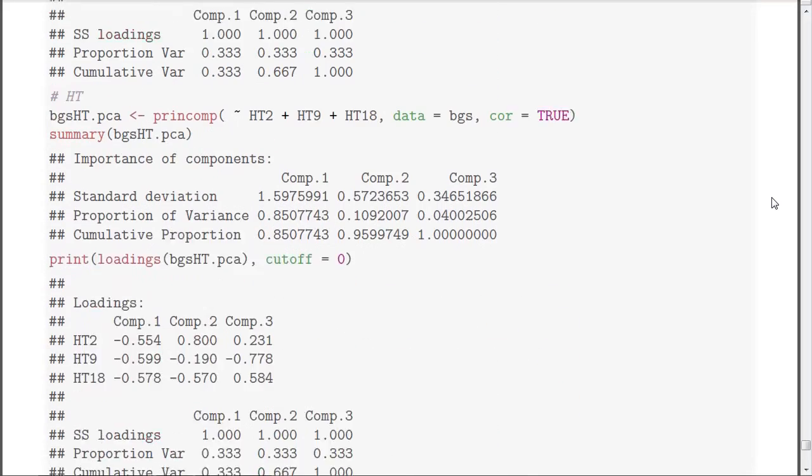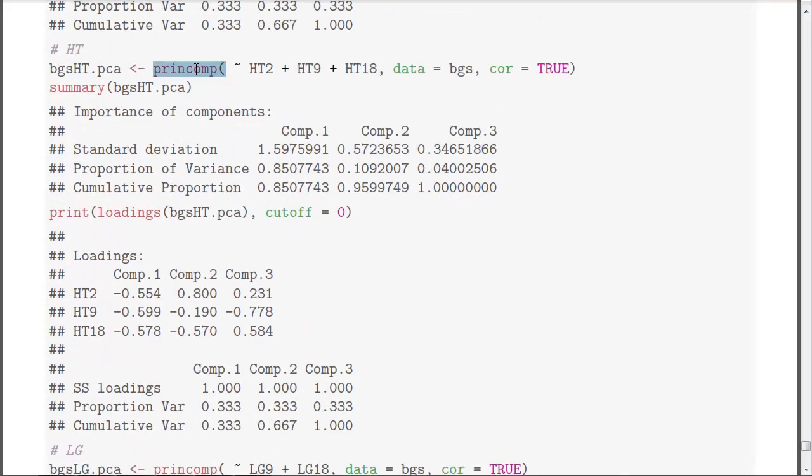Let's look at the height principal components. The first component here, again, is all positive loadings. So that's generally just how tall someone is. If you're tall when you're 2, you tend to be relatively tall when you're older.